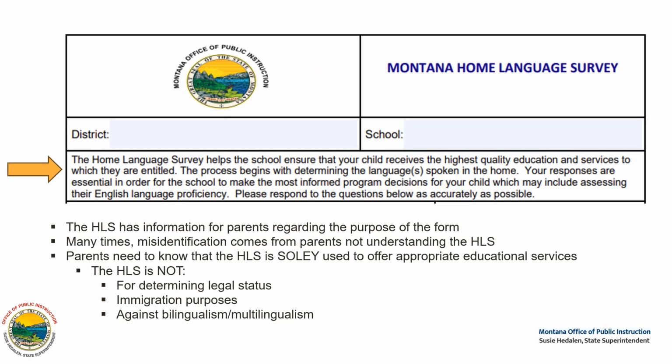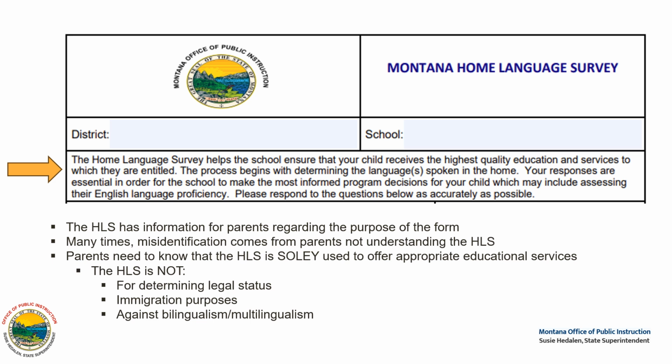A piece that I amplified in the home language survey, besides updating logos and names for our new superintendent, is the instructions, or the information that parents will receive about the home language survey.